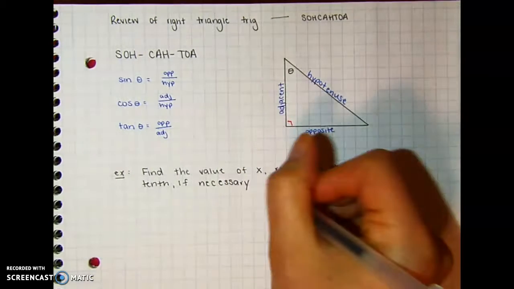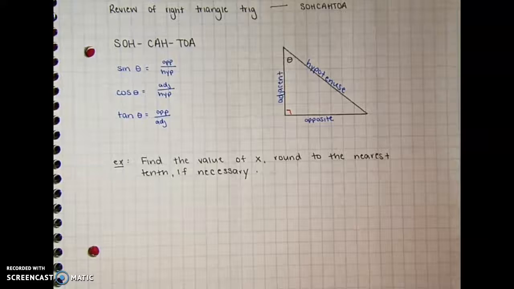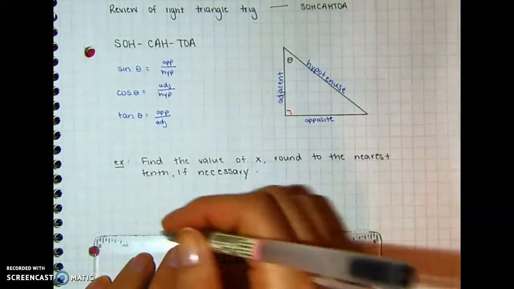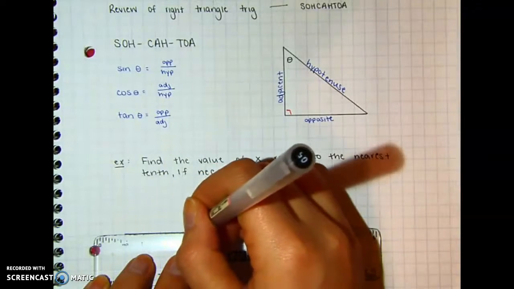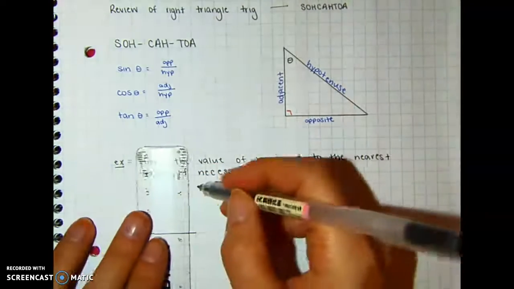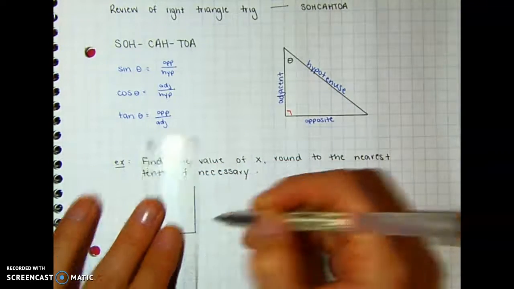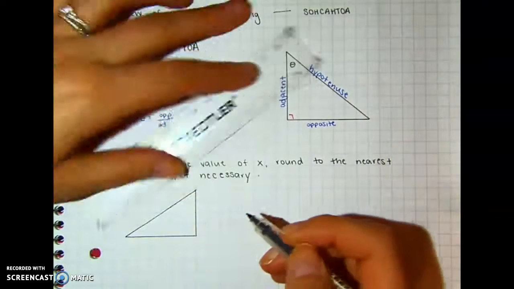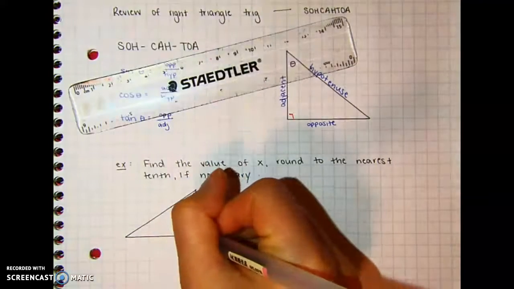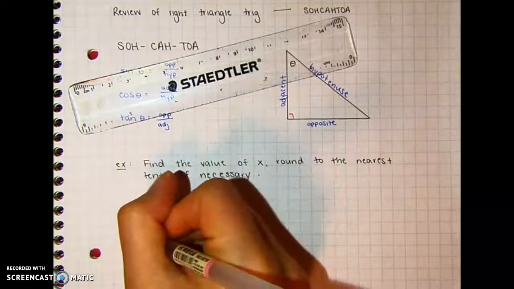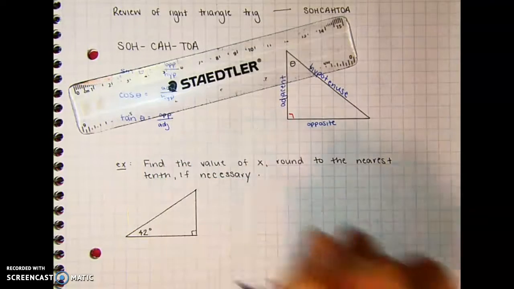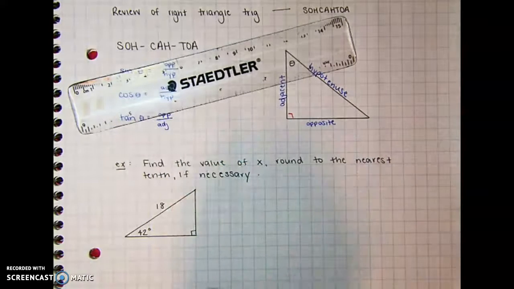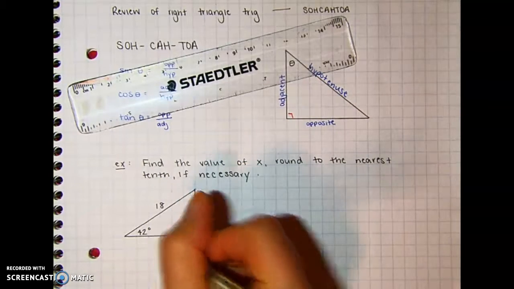Okay. So this is going to be the picture that we are given. So this is a right angle. This is 42 degrees. This side is 18 units of whatever, and this is the side we're looking for.